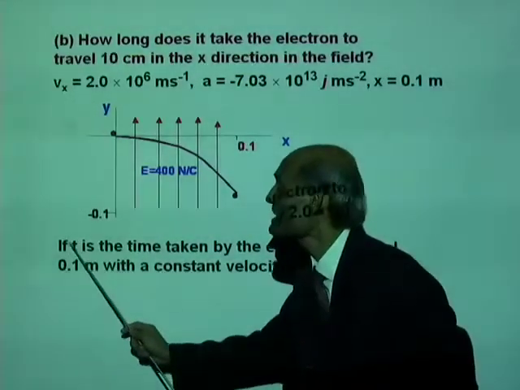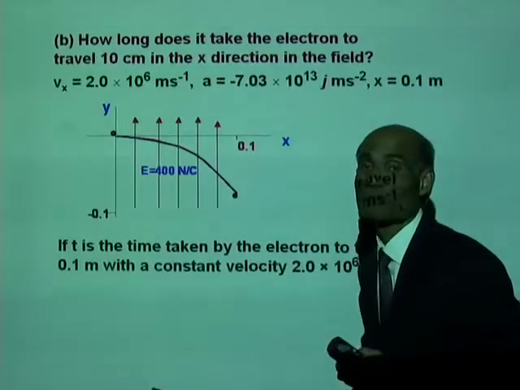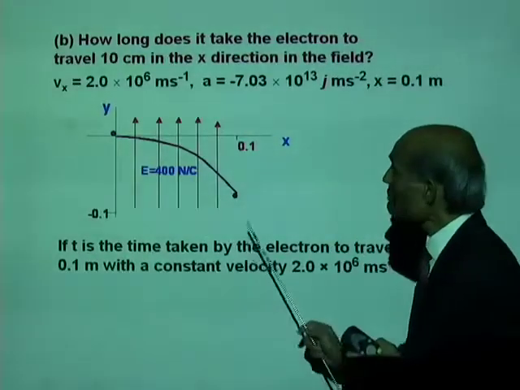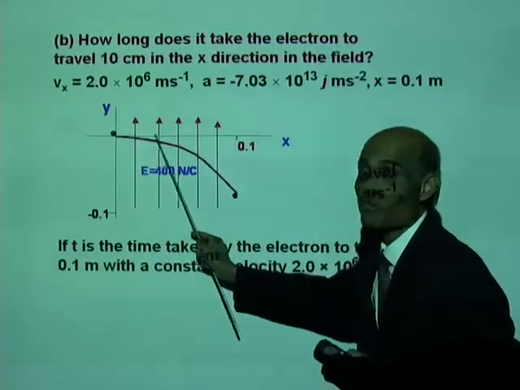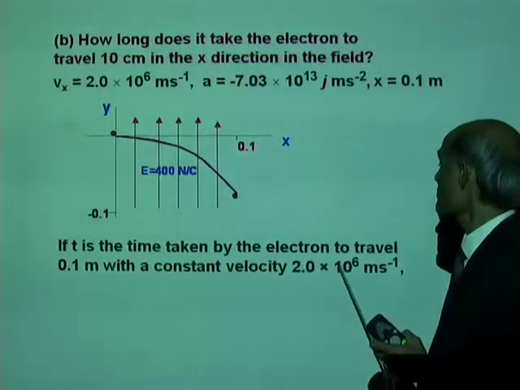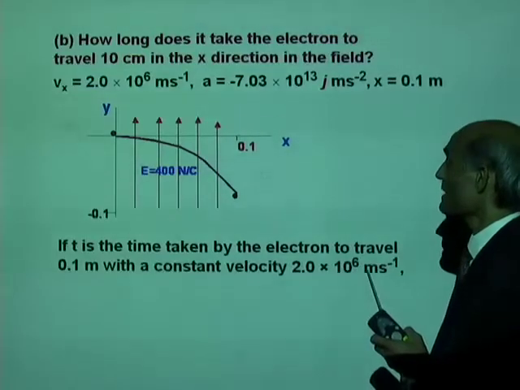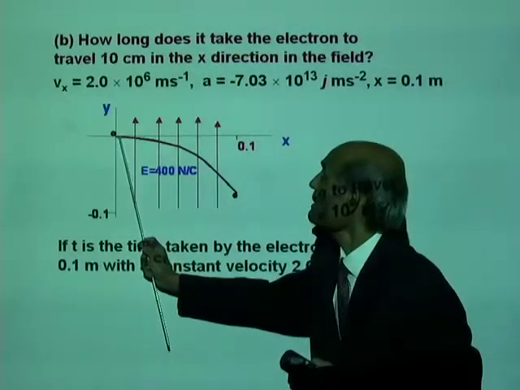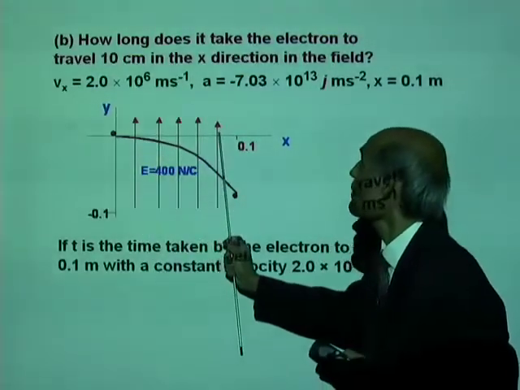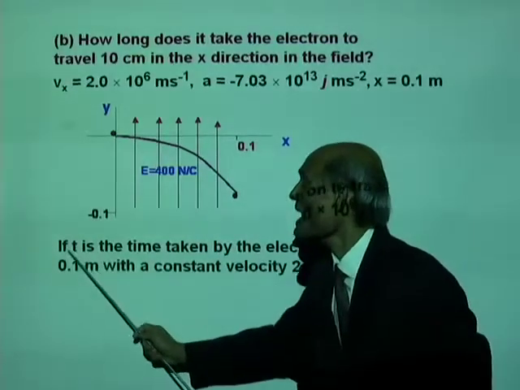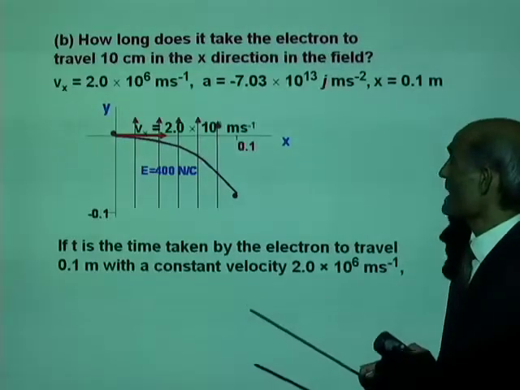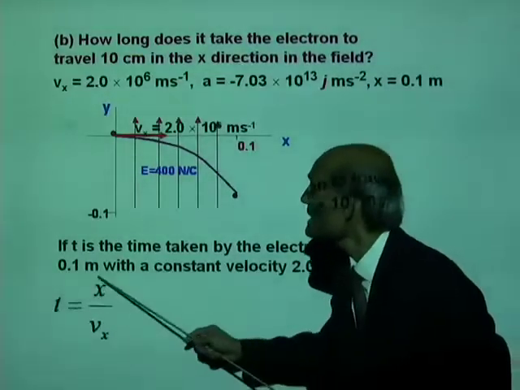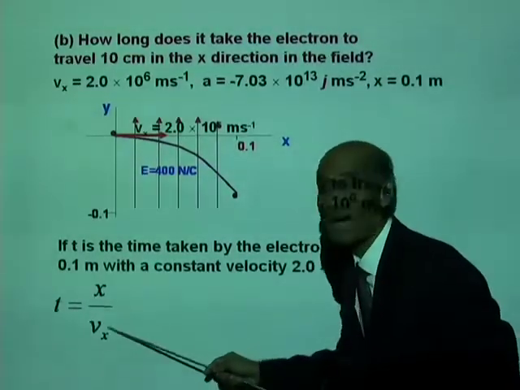Can you find that t? Let me repeat that again. The electron moves with a horizontal x velocity of 2 times 10 to the 6 meter per second, and it travels a distance of 0.1 meter. What is the time taken for that? Well, that time will be t equal to x divided by the velocity.